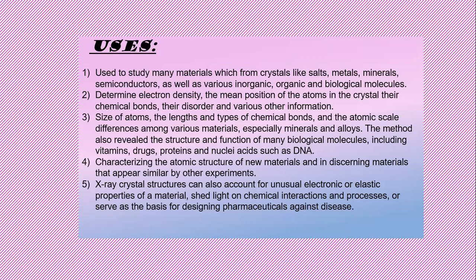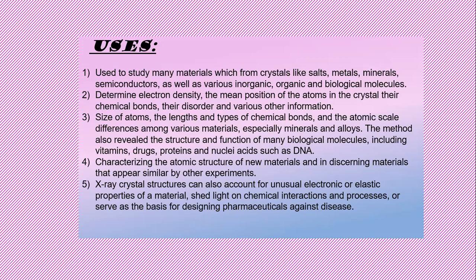Second one is to determine electron density, the mean position of the atoms in the crystal, their chemical bonds, their disorder, and various other information. Third one is size of atoms, the length and types of chemical bonds, and the atomic scale differences among various materials, especially minerals and alloys.